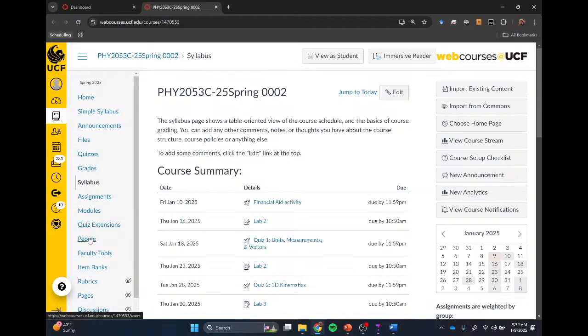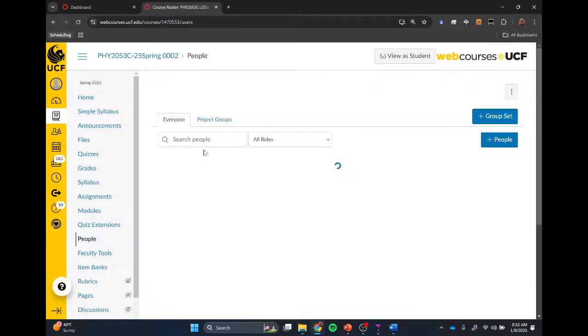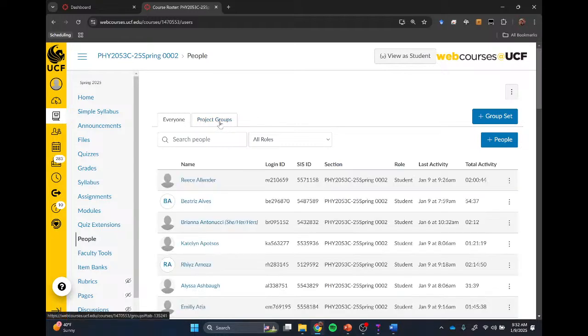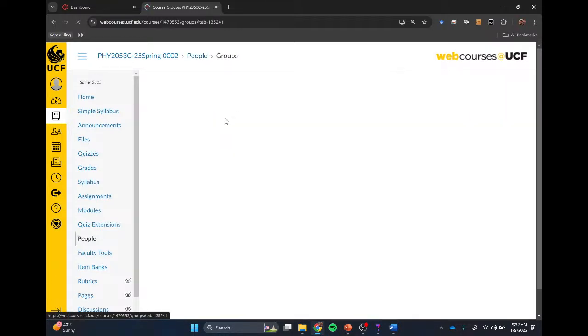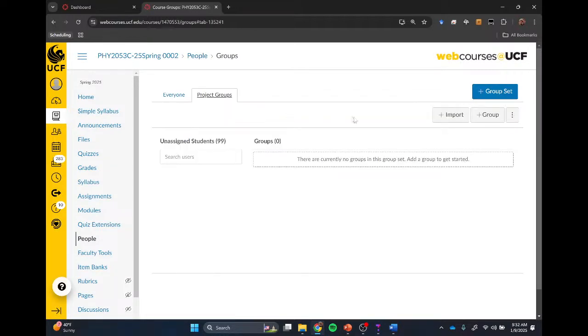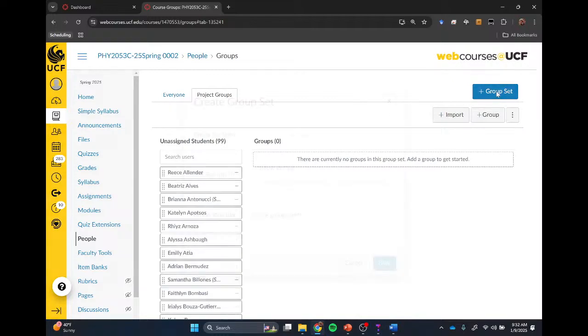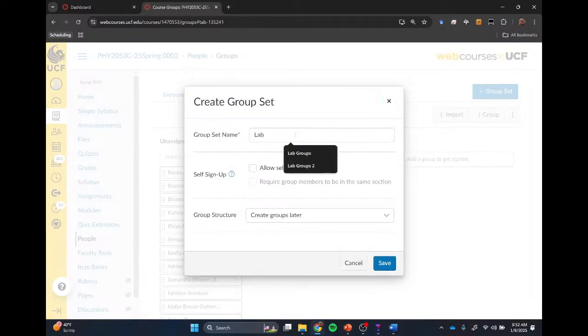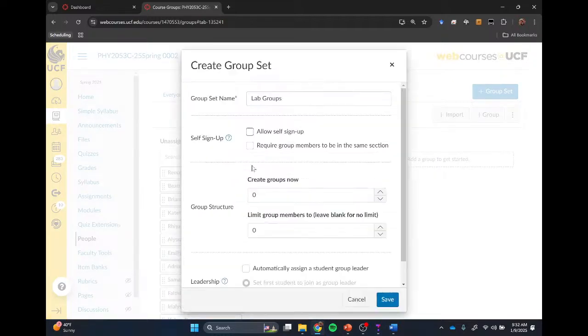So every week, and I'm going to mention this to them, but this will be relevant for you for the grading stuff, they have to make new groups. That is just how the system works. So lab groups, allow self-assign, create 33 groups, limit groups to 3 people.